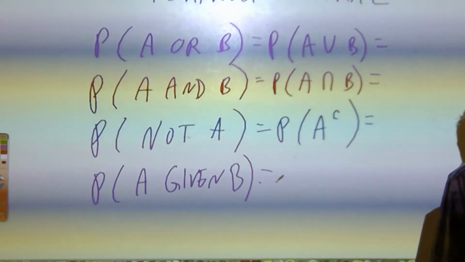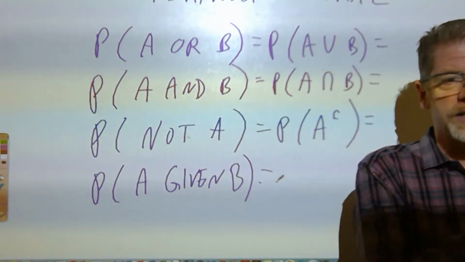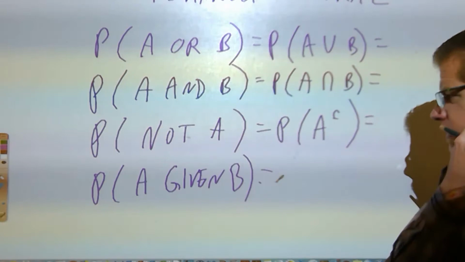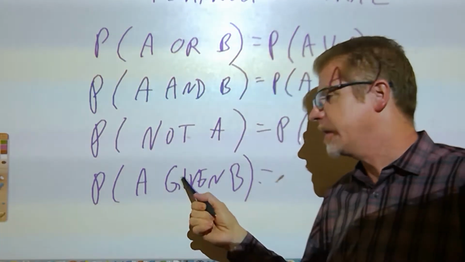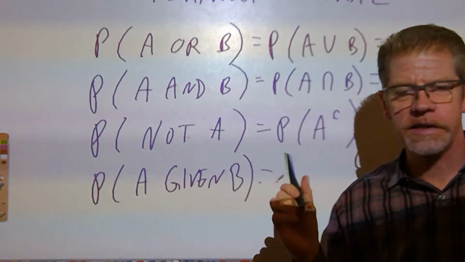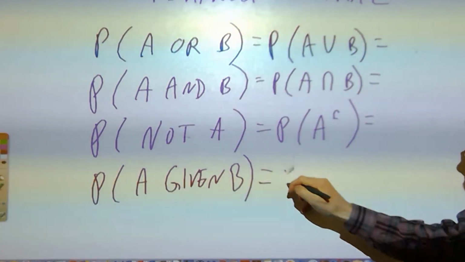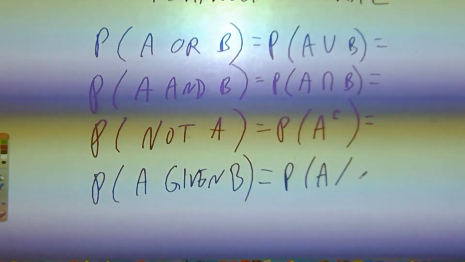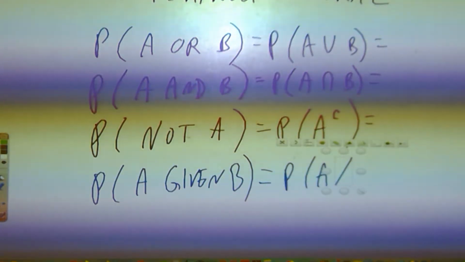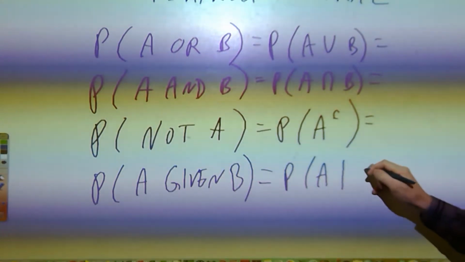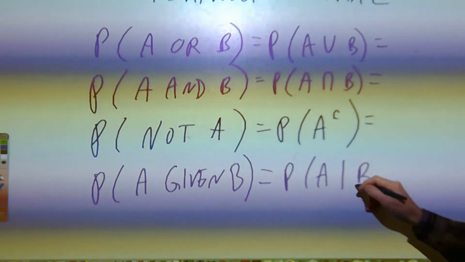If I recall correctly, probability of alive given first class was about 62%. Probability of alive given third class was only about 25%. These are conditional probabilities, and they're represented with another mathematical symbol, a slash. In fact, it's not even a forward slash. It's often just a vertical slash. A given B.